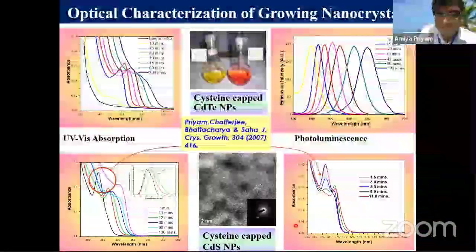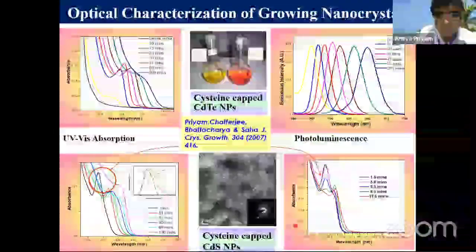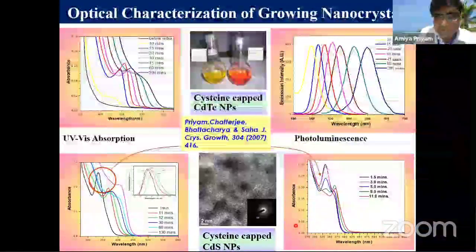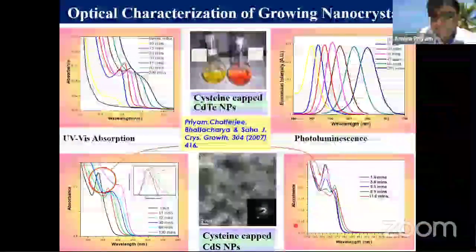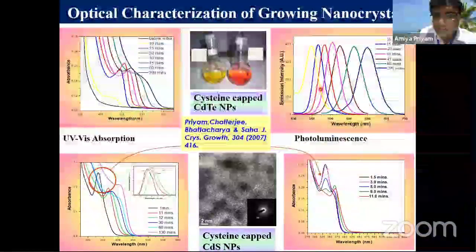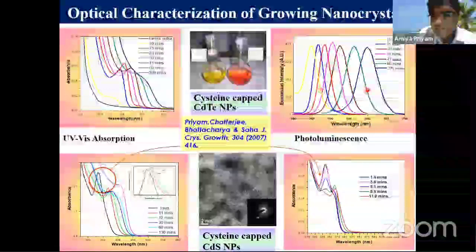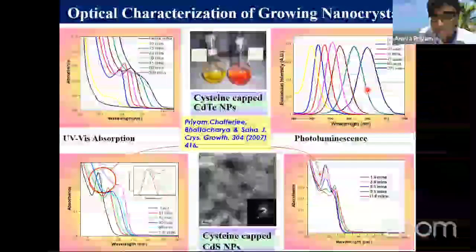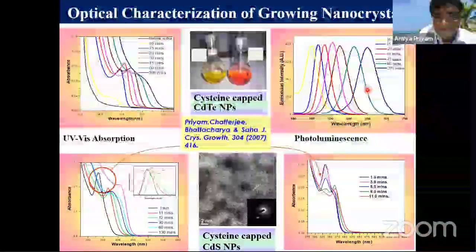These are some of the works that we did on cadmium telluride. You can see that by changing the size, it was possible to get fluorescence in the entire visible range, along with the absorption peaks. The key feature is that the fluorescence peak is narrow, very sharp.